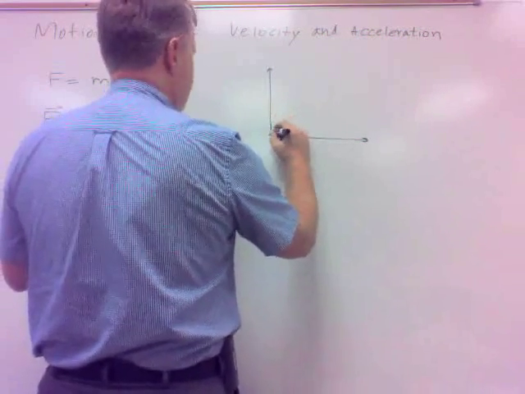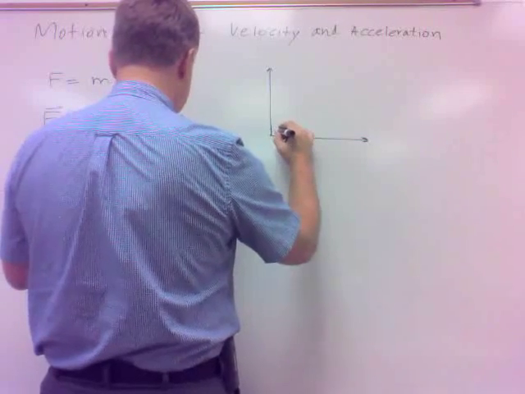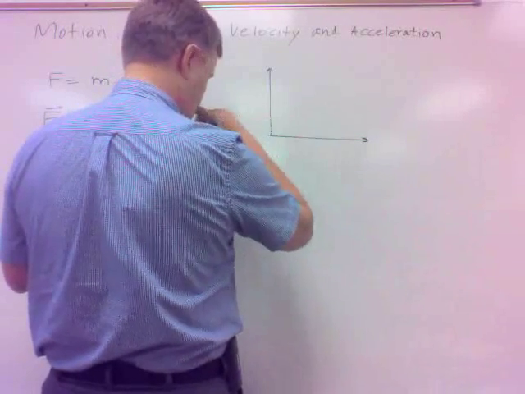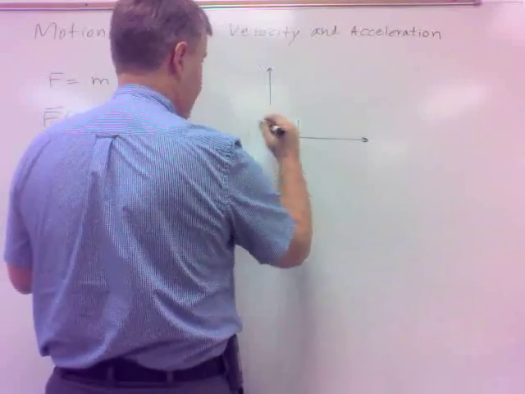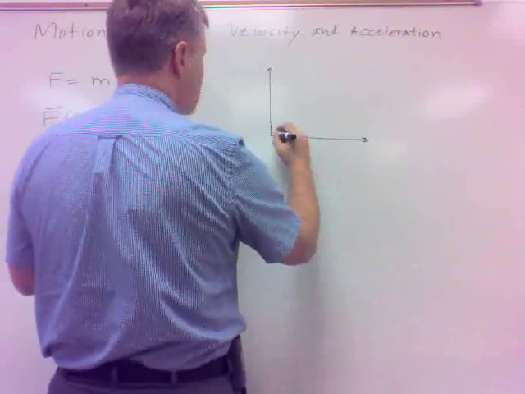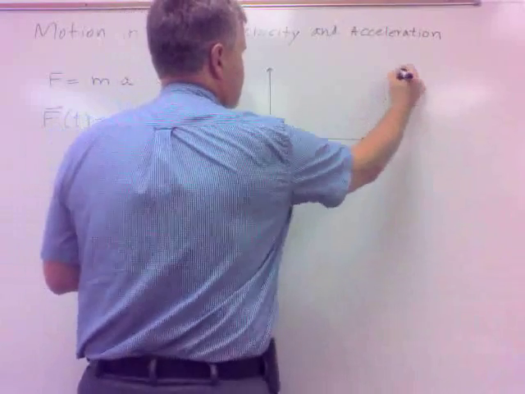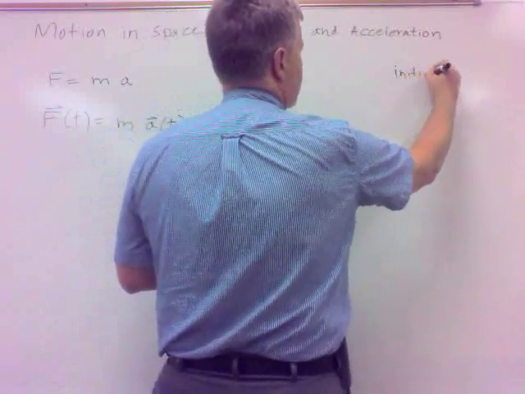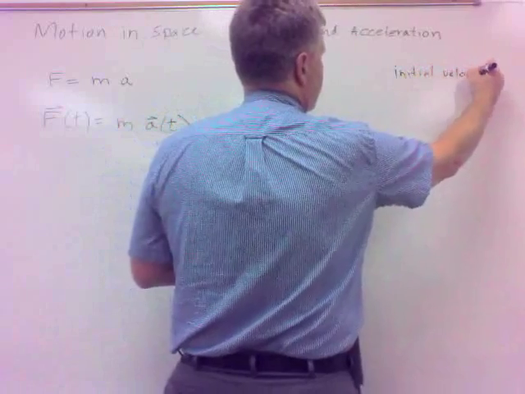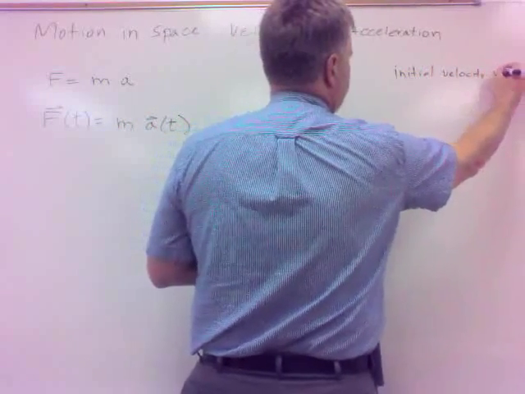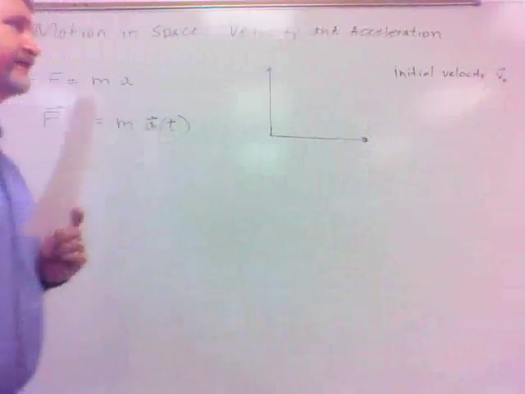All right. So we've got the initial velocity vector. We know the initial velocity vector, and we're going to use that. It's going to be v0, that vector.